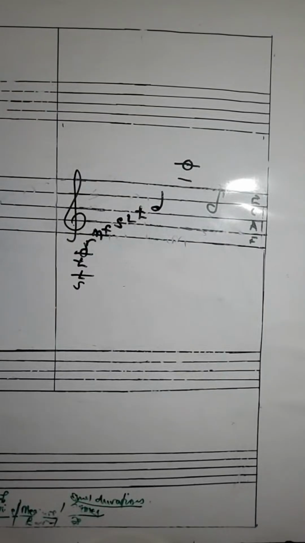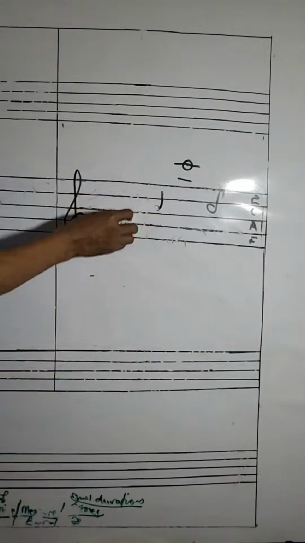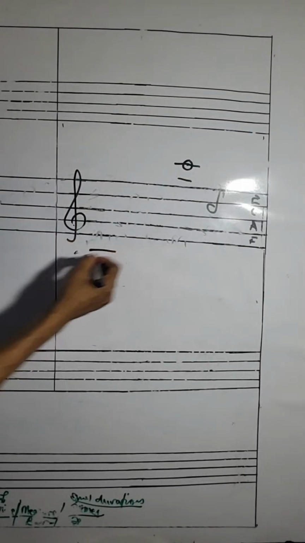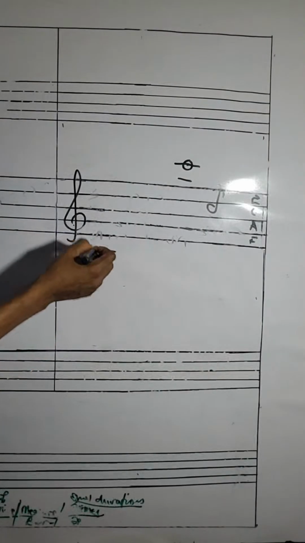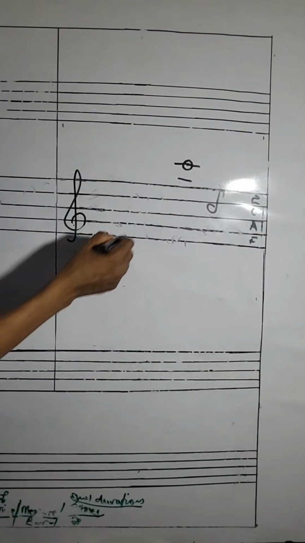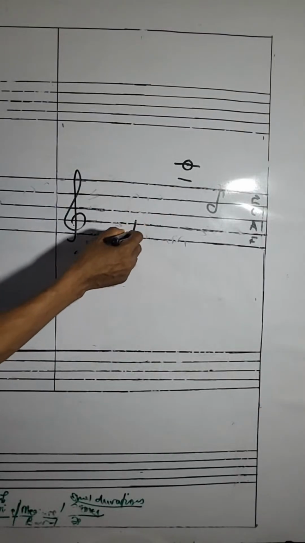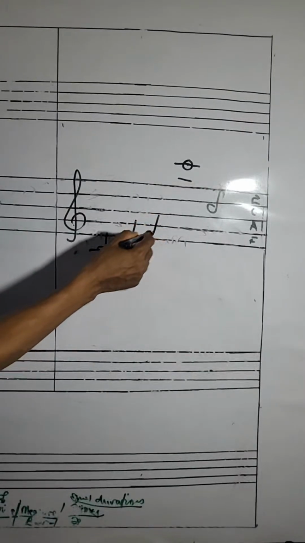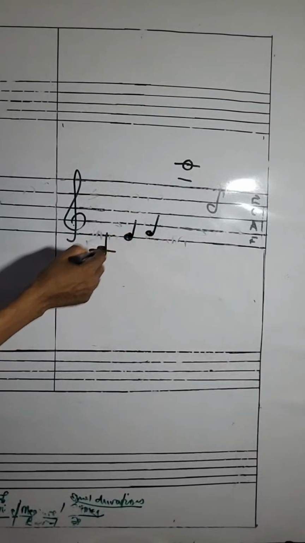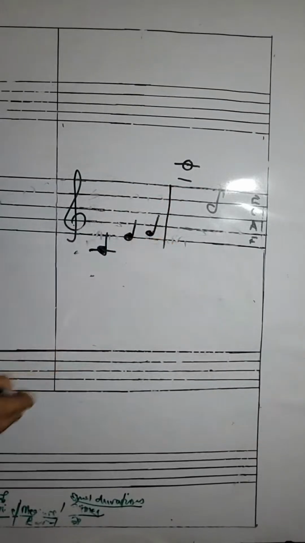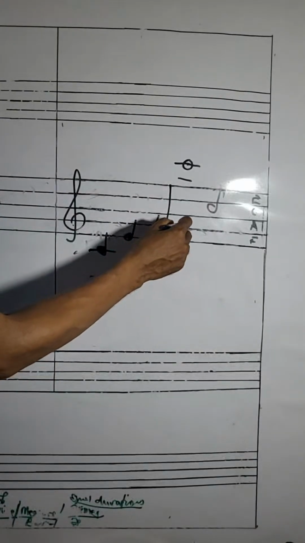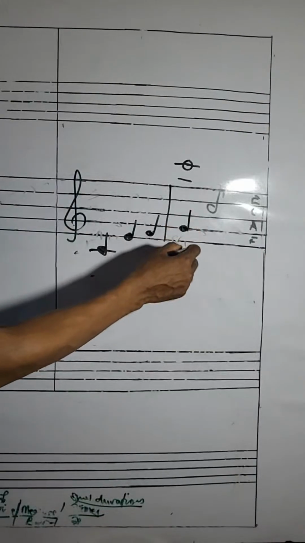So let's do a few exercises in the key of C. I'm going to start with this ledger line. If a note is here, I have 3 notes in this bar, and I have another note here.